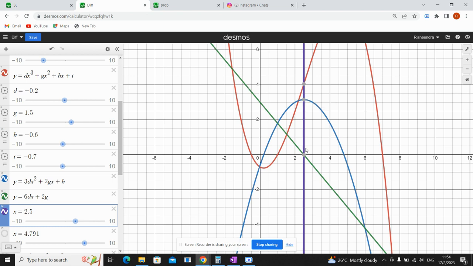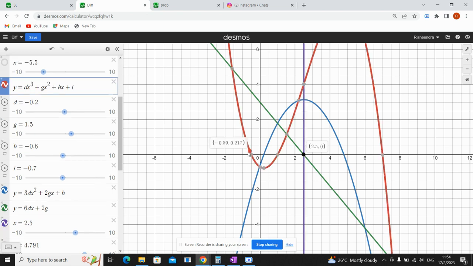The green line is in the positive range up to 2.5. The curve will have a minimum value, as you can see in the green, up to 2.5.